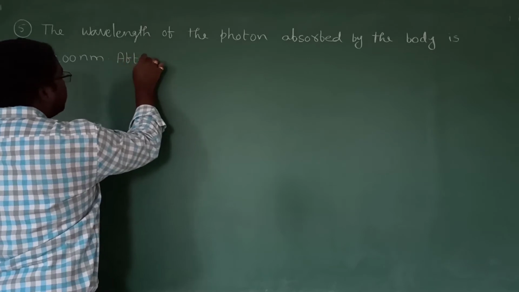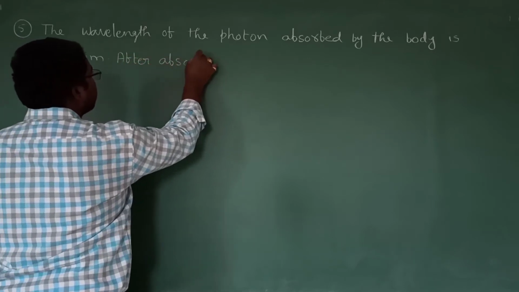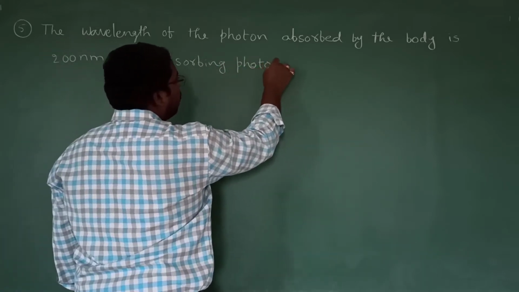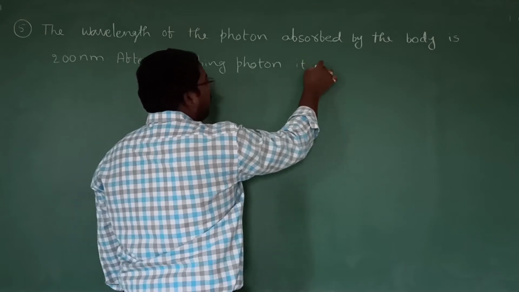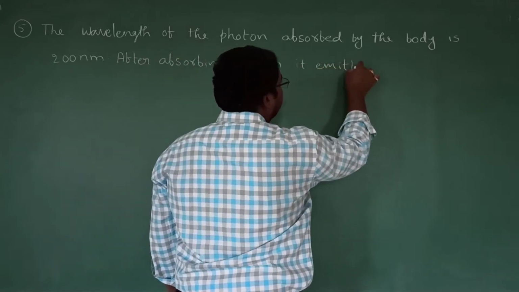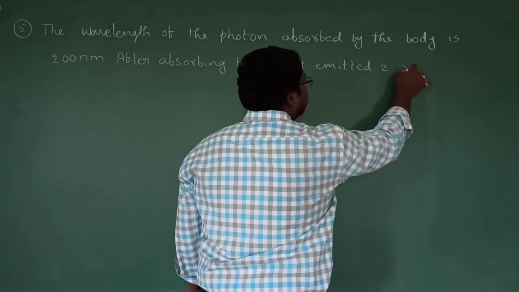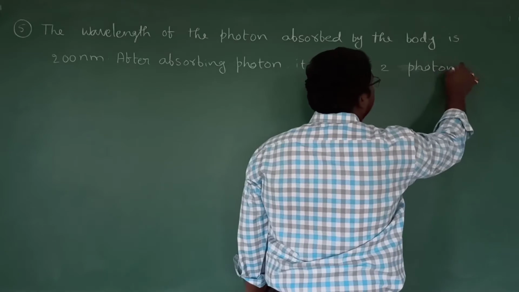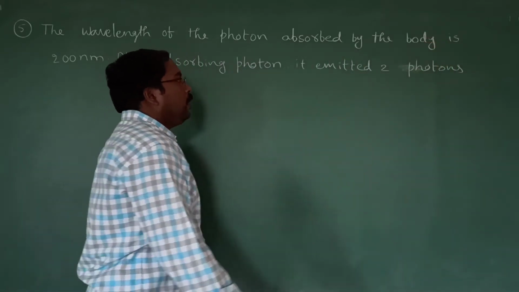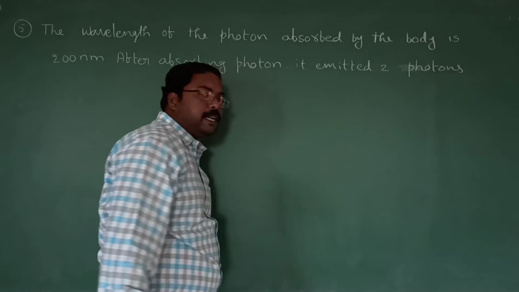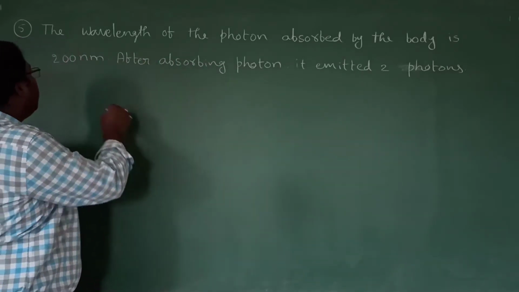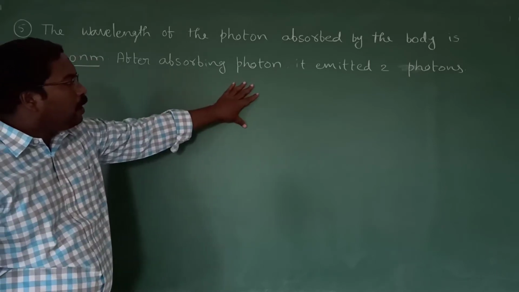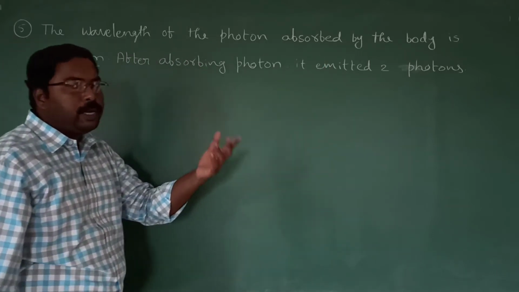After absorbing the radiation, it emitted two radiations. The wavelength of the absorbed radiation is given, but after absorbing the photon, it emitted two photons, two radiations.